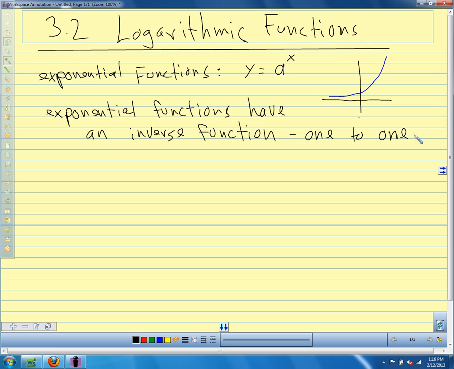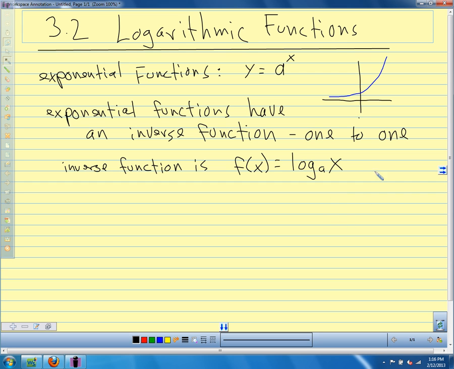We call the inverse function the logarithmic function, and we say f of x equals the log base a of x. This is our inverse function for our exponential function.